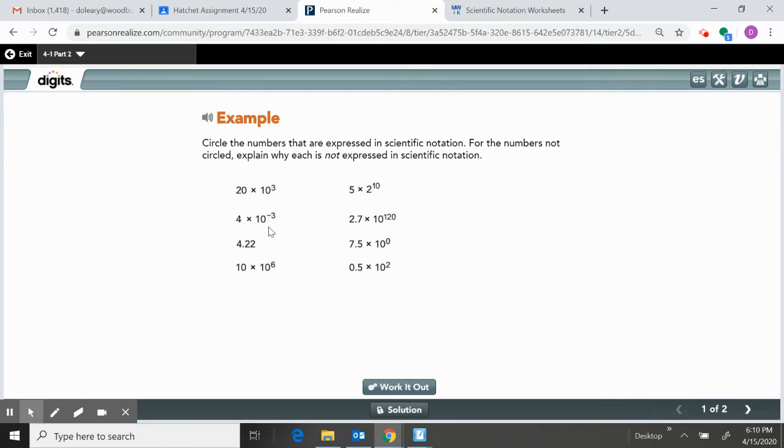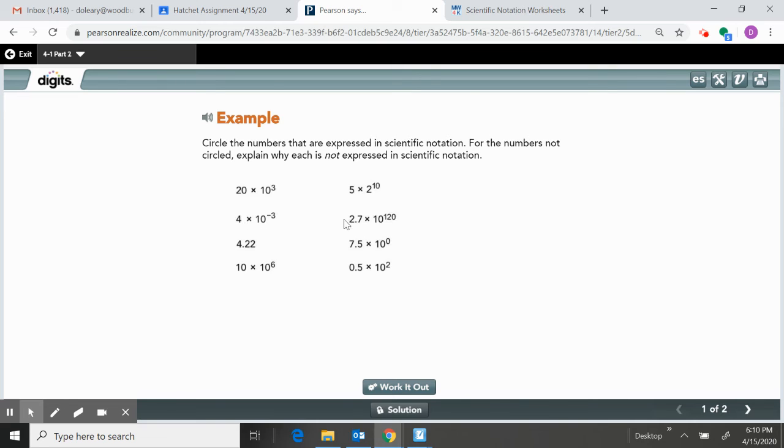4 times 10 to the negative third. Would that be in scientific notation? Yes, because this number is between 1 and 10, and this is a power of 10. I don't care that the exponent is negative. We're allowed to have negative exponents as long as we have a number greater than or equal to 1 and less than 10, and a power of 10, we're good.